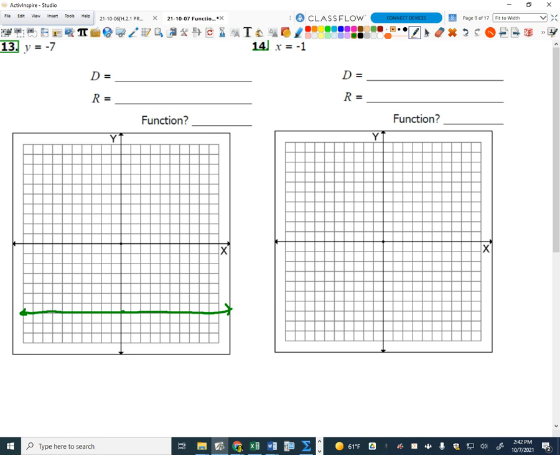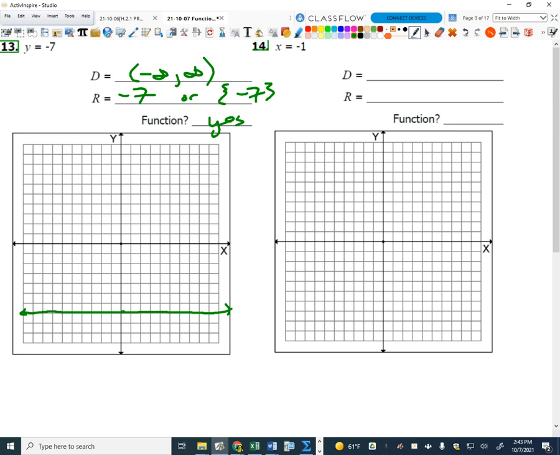So we'll just say all reals for the domain. What's the range? -7. It's only got one value, doesn't it? So the range is -7. One way you could also write that is the set -7, but you could just write the number -7. But it's only got one value. Is it a function? Yeah, it is. Passes the vertical line test.